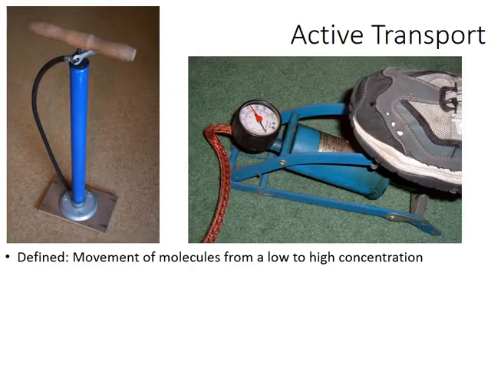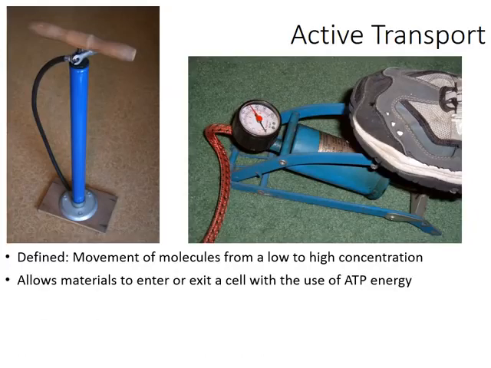Whether it's the foot pedal pump on the right or the handlebar pump on the left, in order to operate a pump, you have to lift up and down on the handles or step up and down on the pedal, and you have to spend energy. Pumps require the use of energy. And in the world of cells, energy comes from a molecule called adenosine triphosphate, ATP. So active transport requires the use of ATP energy in order to move molecules from a low to a high concentration.